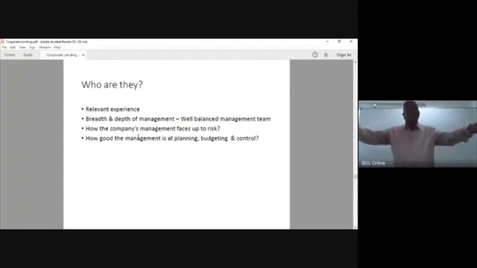All these management functions should be managed by people qualified in the relevant field. They should be qualified in the relevant field and experienced. So that is the balanced management team. They must have a balanced management team.